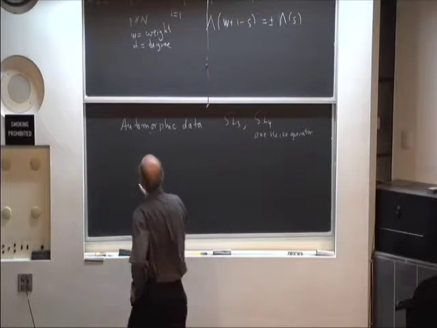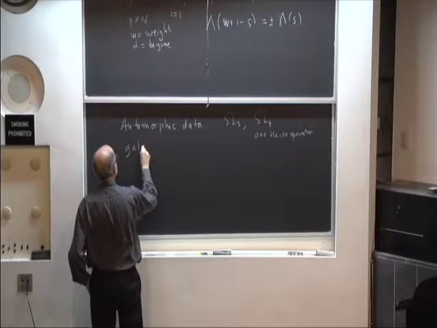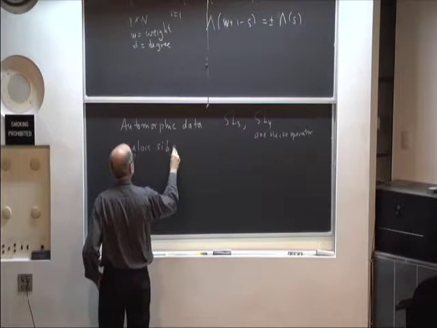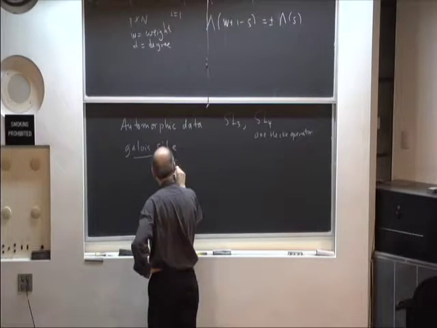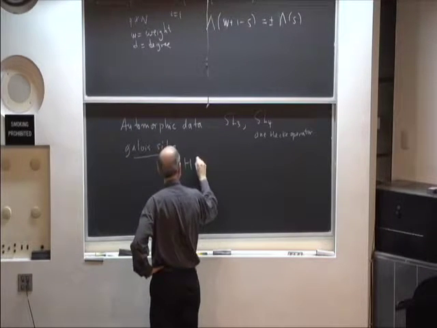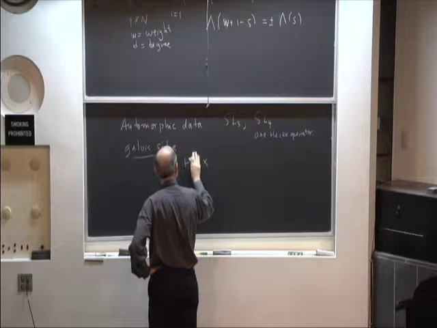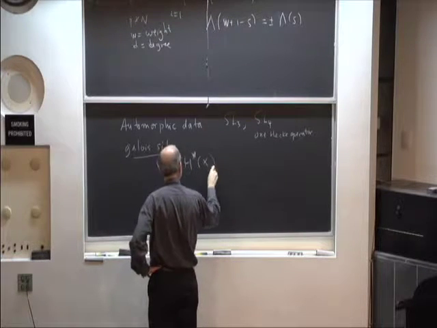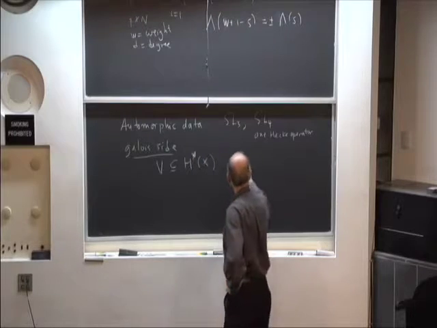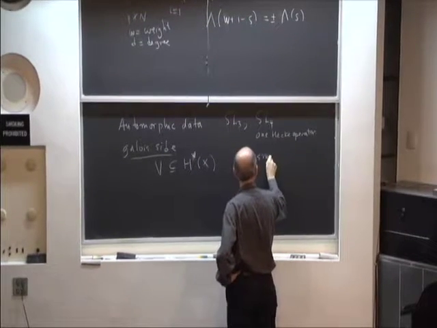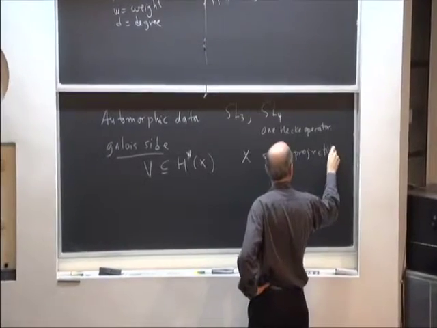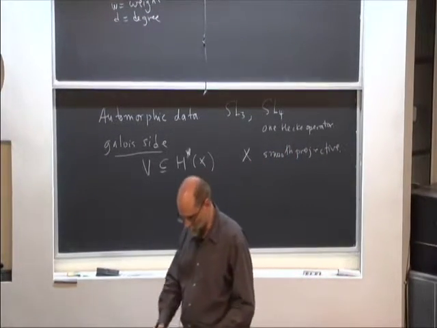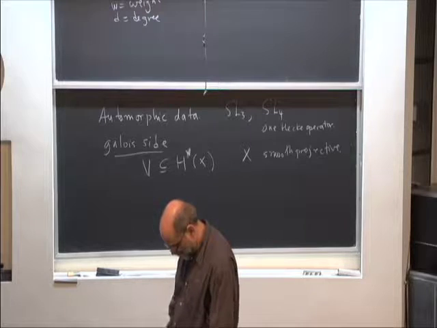So on the Galois side, you can look at the cohomology of some smooth projective variety, and look at some appropriately cut subspace and look there.